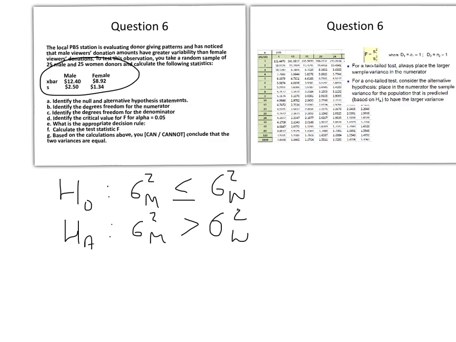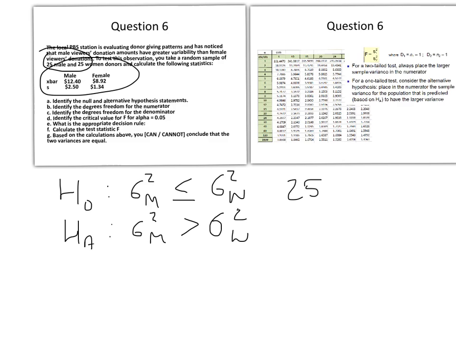And we want to then identify degrees of freedom in the numerator and denominator. In this case, one group, the men, and the other group, the women, are going to comprise the numerator and denominator. We have kind of written over it here, but you see there are 25 of both samples.